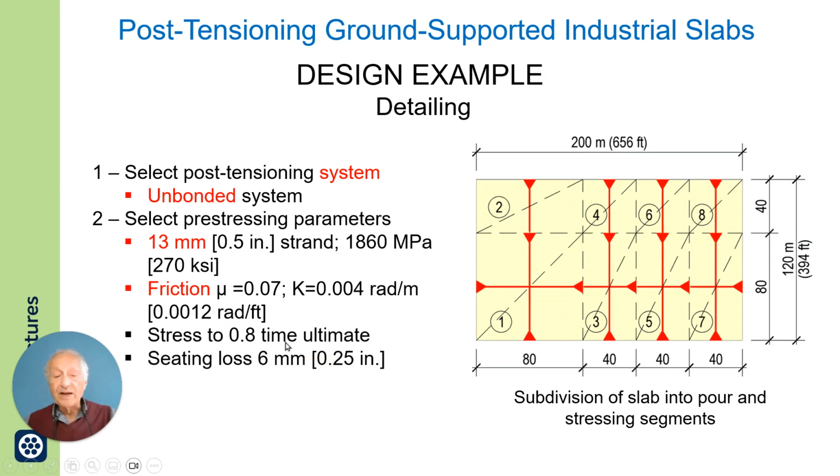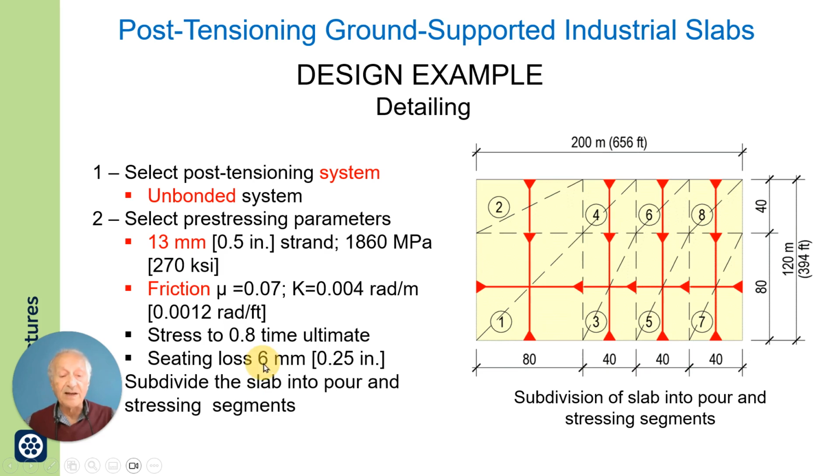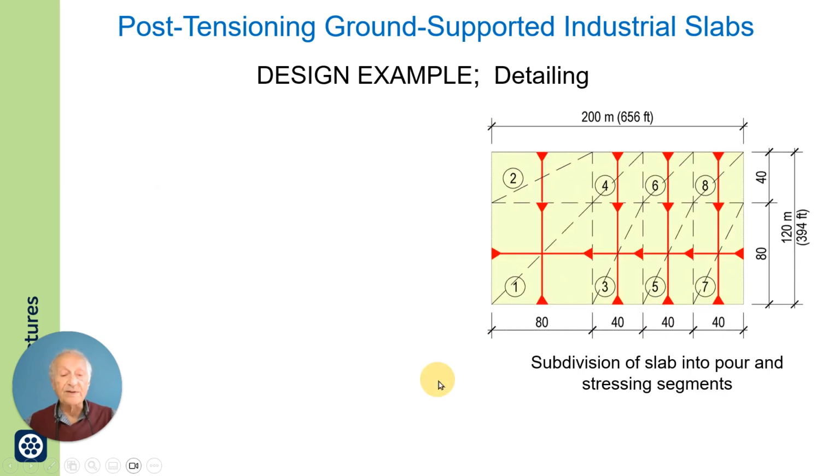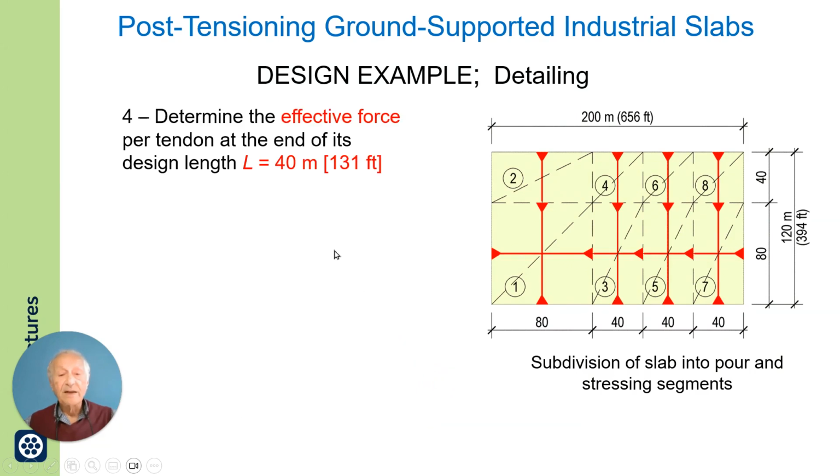Stress it at 0.8 times the ultimate, and there will be a seating loss at stressing when the tendon is anchored. The slab is subdivided into these sections, and the length is about 40 meters here.